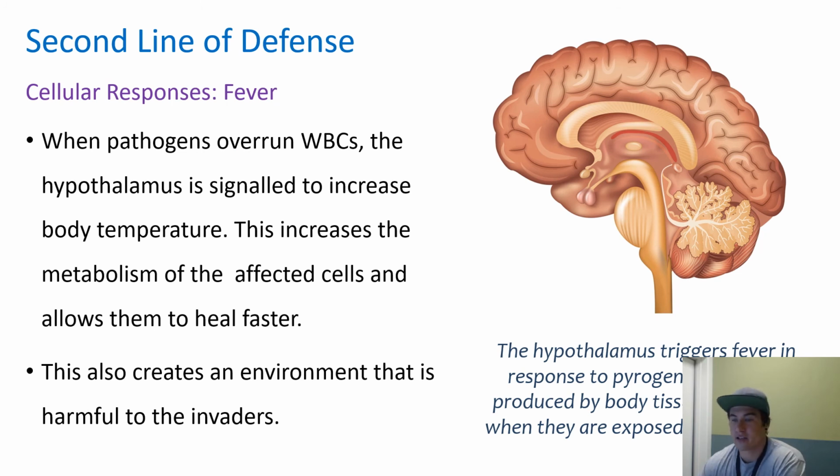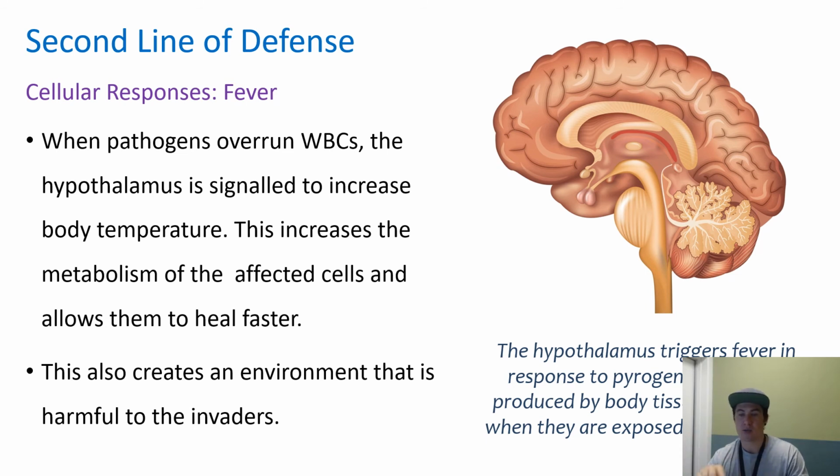Second line of defense, so another system that we have is fever, and again we've all probably experienced a fever before. If you are a parent, you for sure would have had a kid that has had a fever. So when pathogens overrun the body's first and second line of defense, the hypothalamus is signaled. Hypothalamus is in your brain, it's your temperature control, and it triggers an increase in temperature.